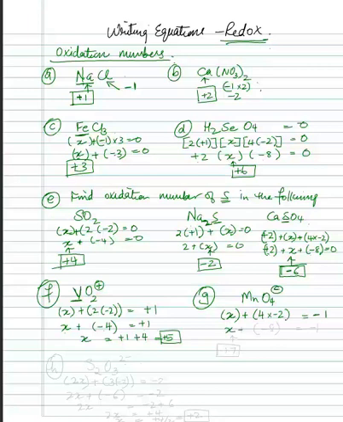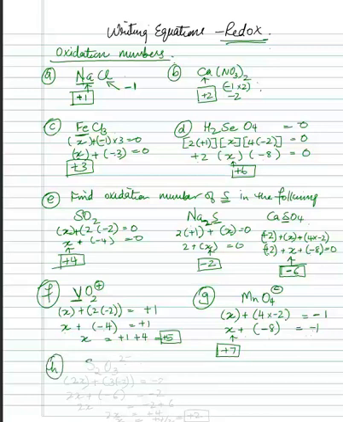So x plus -8 is equal to -1. Without doing it algebraically, you need to have -1 on both sides. So if x is +7, then +7 minus 8 is equal to -1. So then Mn is +7.